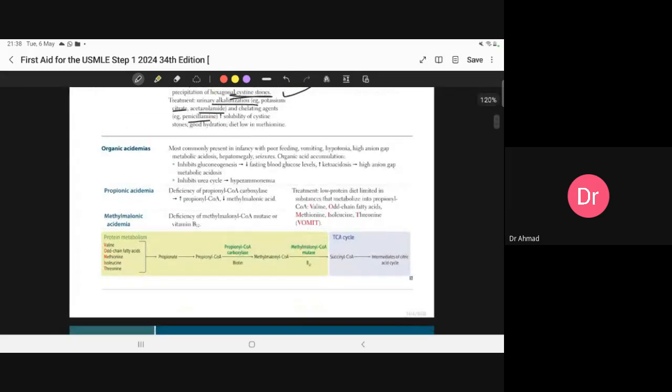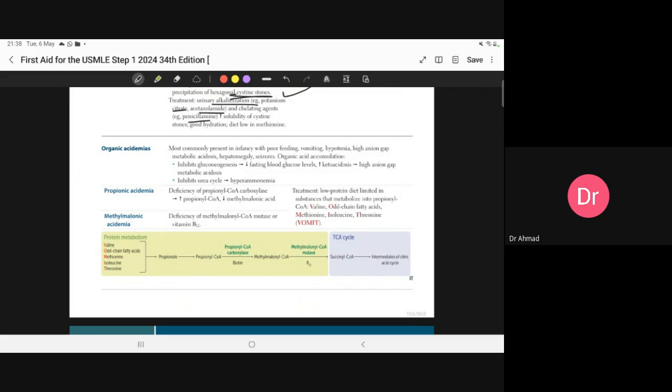That's the main thing. For organic acidemias, you should remember this literally means that you are accumulating acids in your body. So all the amino acids that can participate in gluconeogenesis are not metabolized. That's the main thing.